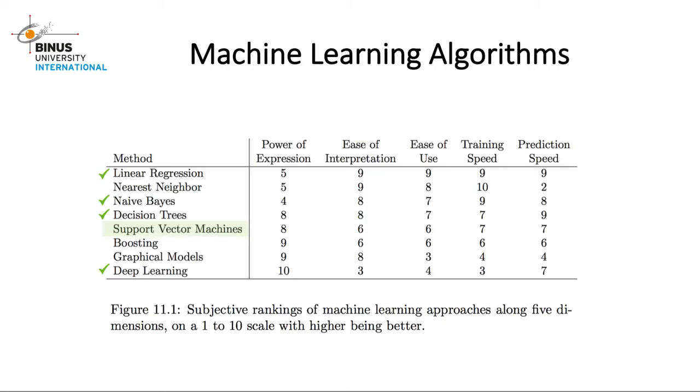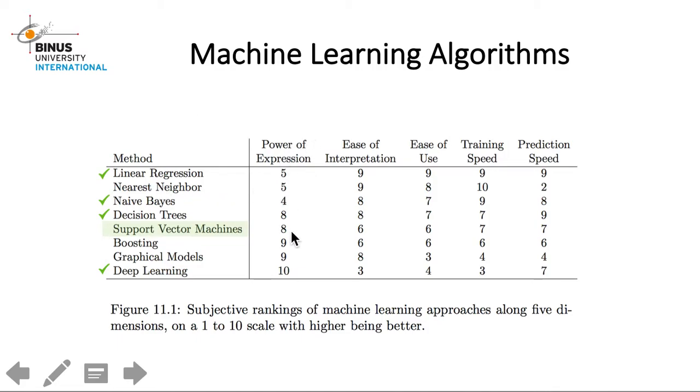This is some common algorithms in machine learning. From this, last semester, we already discussed naive Bayes, decision trees, and deep learning also came in for the unsupervised learning. And I believe all of you already know about linear regression because this is a very simple method.